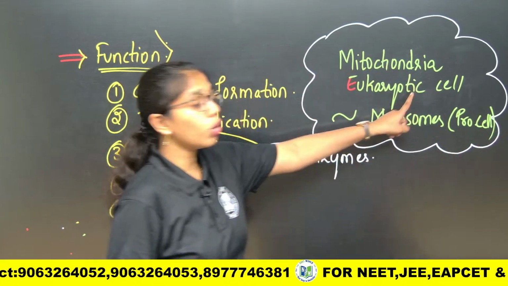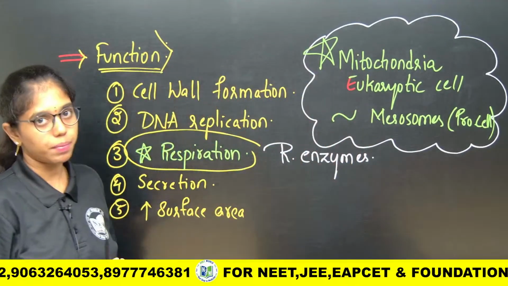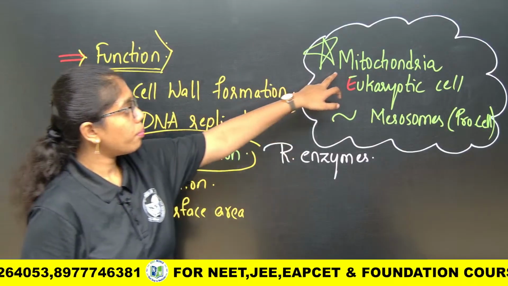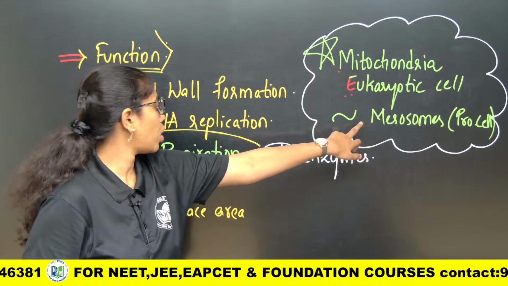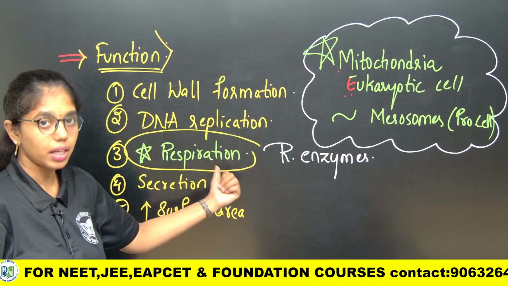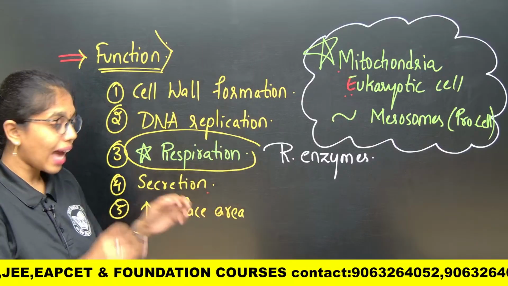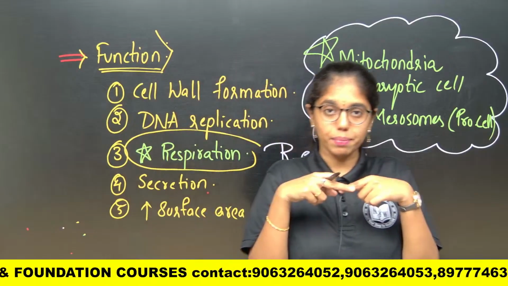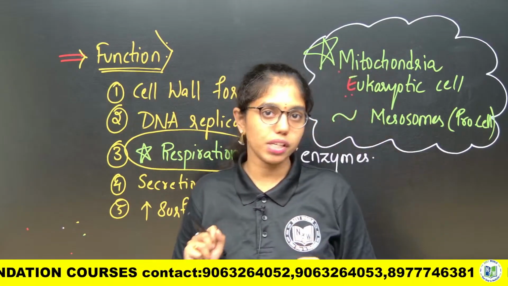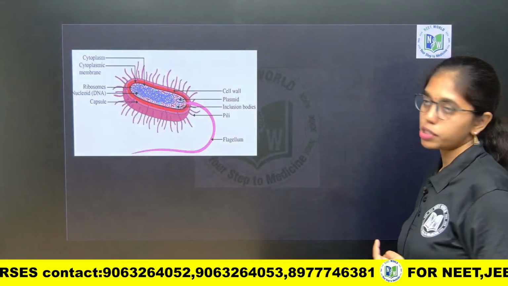Clear? This is the most important statement. Remember, many a time this is asked in statement based questions. It is equivalent because it is respiratory in function, it secretes, and because of those invaginations of the cell membrane towards the cytoplasm, it increases the surface area of the cell. Clear? These are the functions of mesosomes.